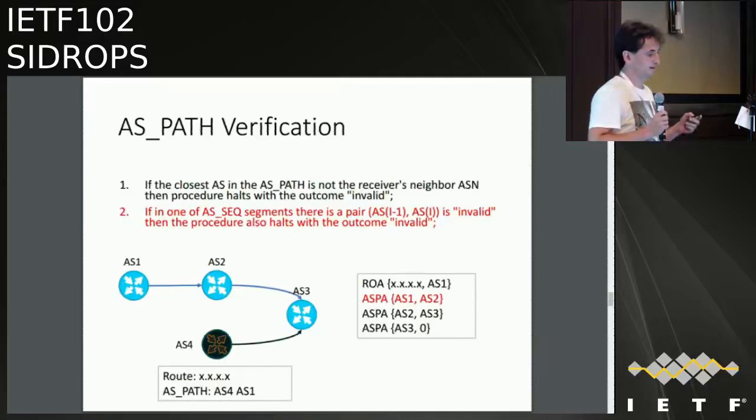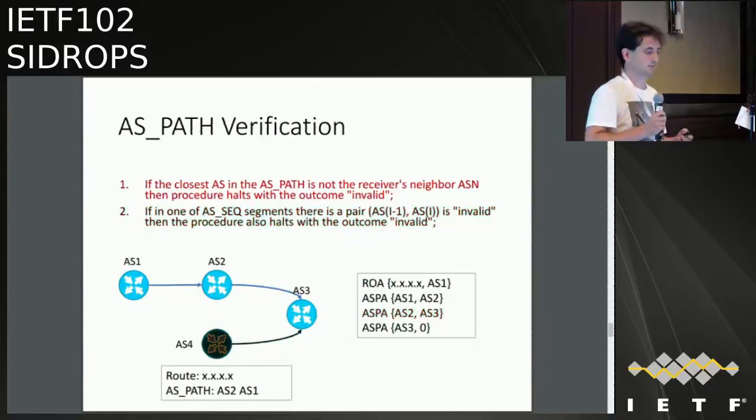Next, AS4 may try, in addition, to add even AS2 into the AS_PATH. Again, it will raise conflicts. The last thing that AS4 may try to do is to remove itself from the AS_PATH. But again, it will raise a conflict because AS3 must check that the neighbor ASN is present in the AS_PATH.